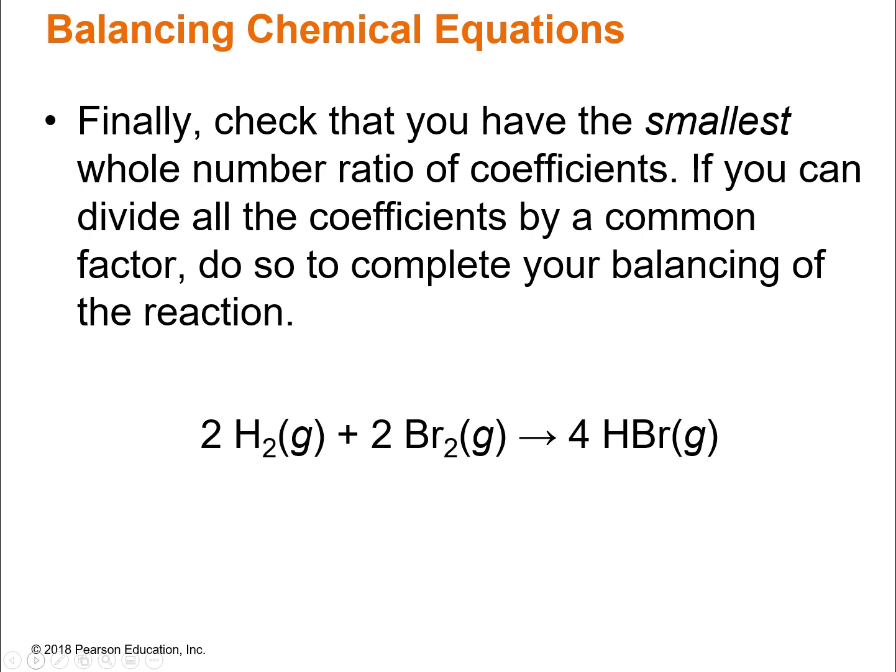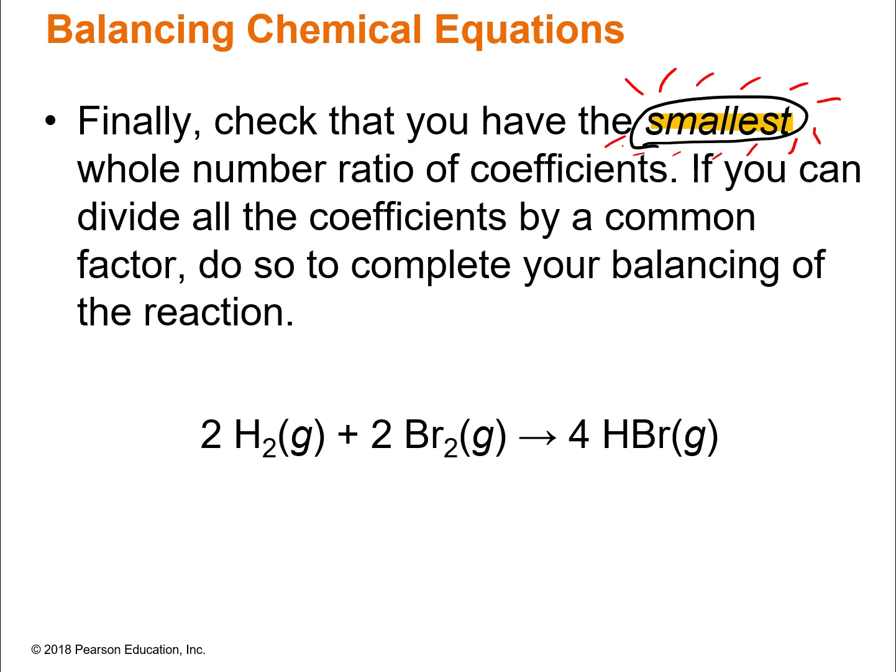Last check. Make sure that you have the smallest whole number ratio. I'm going to circle it and highlight it and put some little marks around it. And I know you're probably like, okay, she's doing the most. But the reason is, when you're balancing a chemical equation, you might be so excited. Oh my goodness, I finished it. It makes sense. It all checks out. But it's not the smallest. And that means it's wrong.